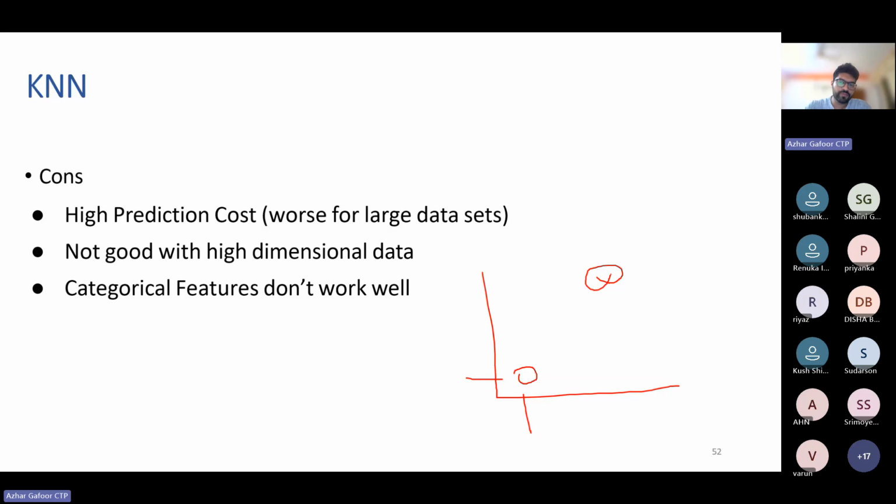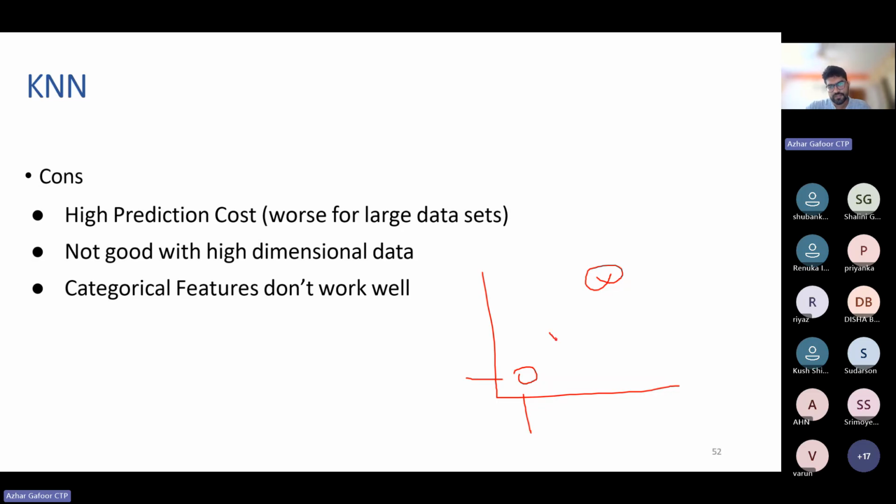Let's not talk about one hot encoding. Let's say we choose the numbers 1 to 12 for our months from January to December. By what sense will we find the distance?